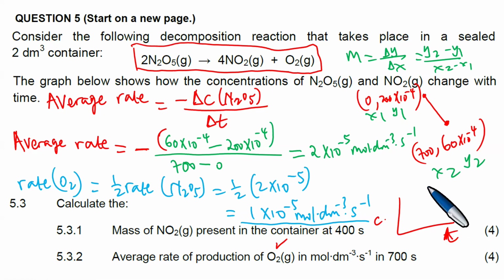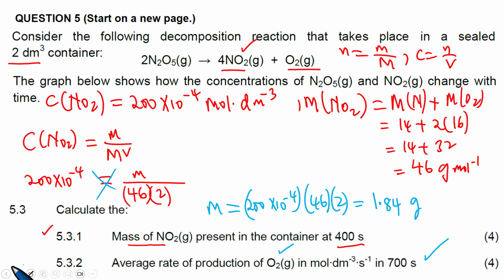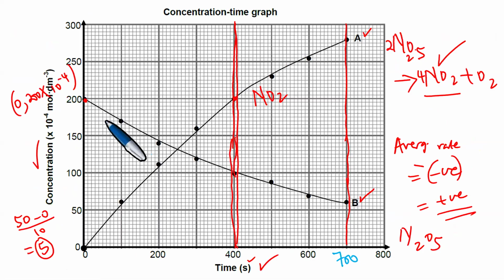But like I said earlier, this is not the only way. Here we used graph B, this graph that runs down slope. But we can use graph A, because now we can see there's an increase in concentration.